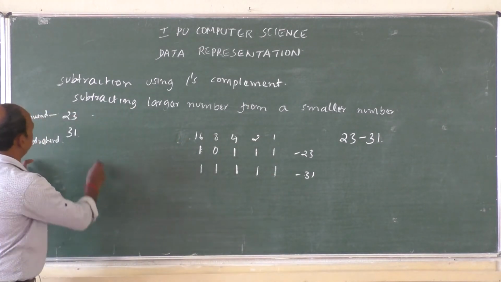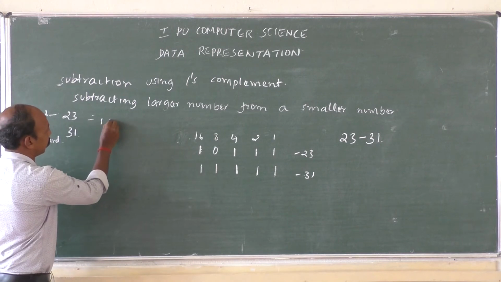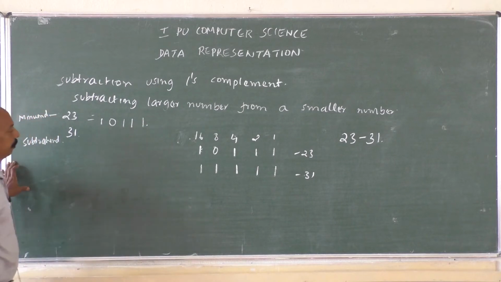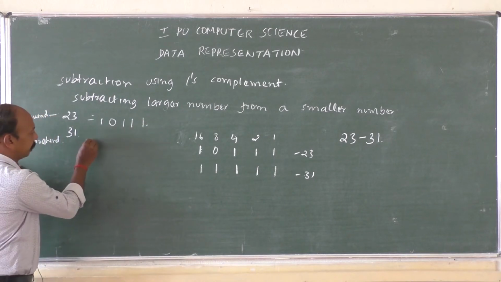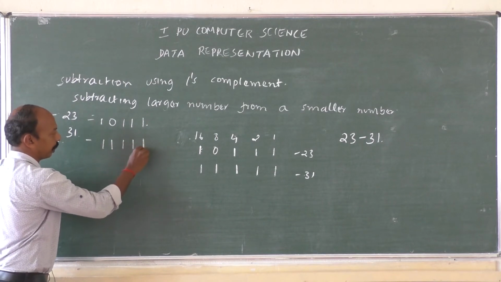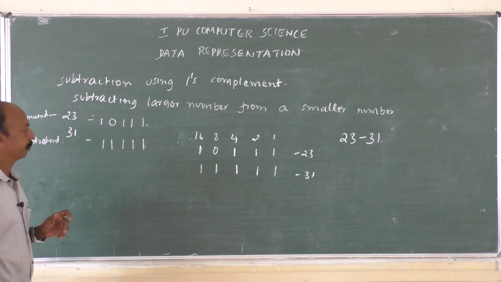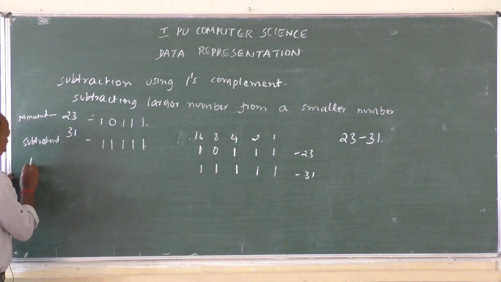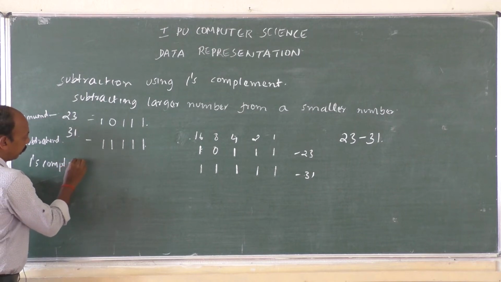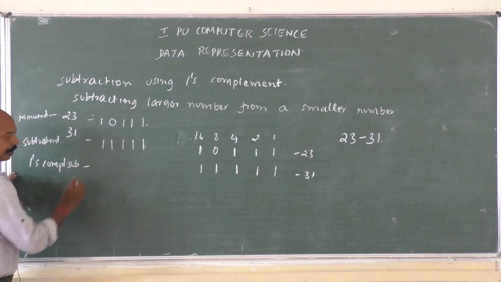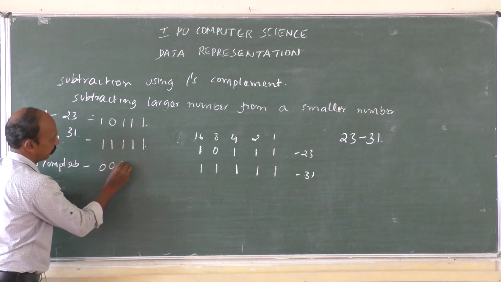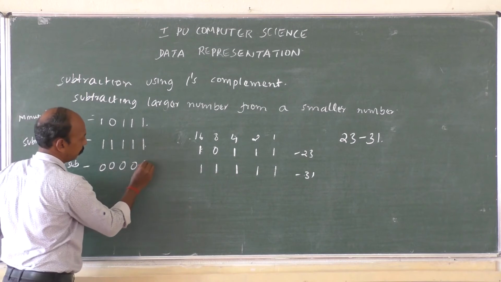Now 23 is 1, 0, 1, 1, 1. Subtrahend is 1, 1, 1, 1, 1. Now 1's complement of subtrahend. What's that? It's zeros. 0, 0, 0, 0, 0.